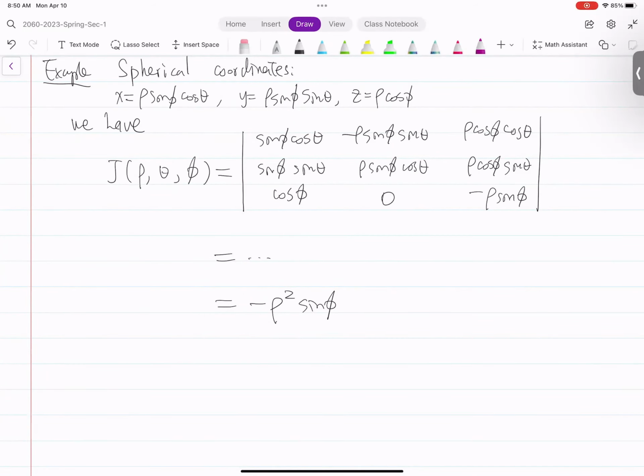But if you throw away the sign, you will see this is rho squared sine phi. That's something very familiar to you. It's the expression that you need to keep when you are doing spherical coordinates.